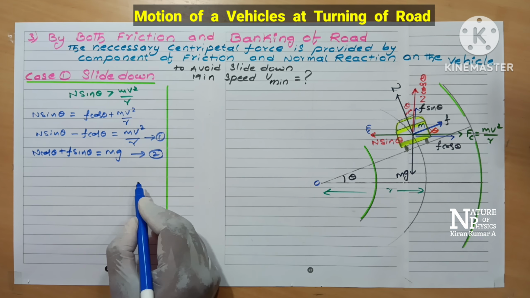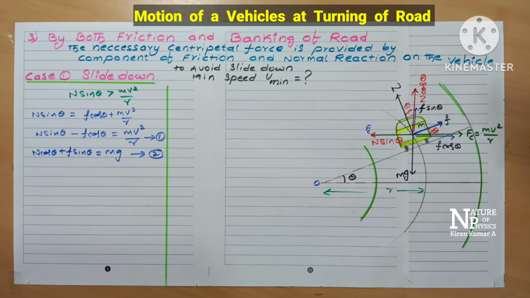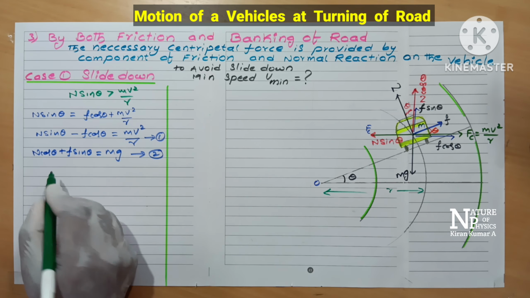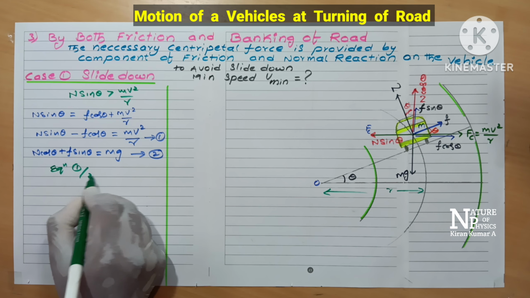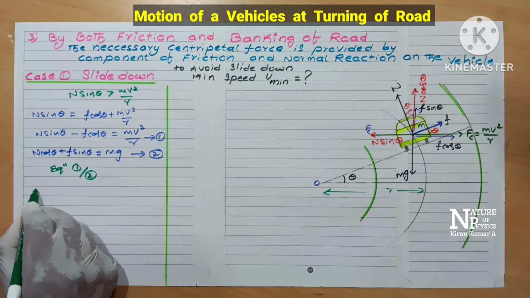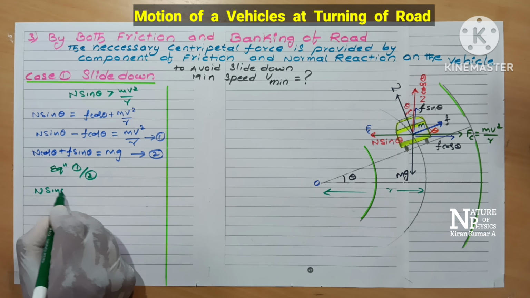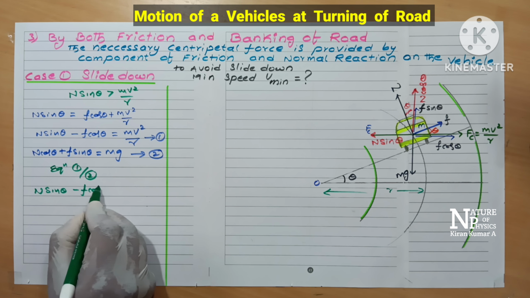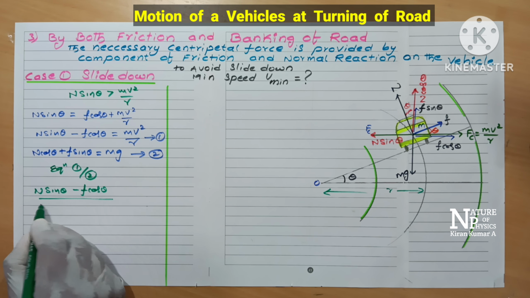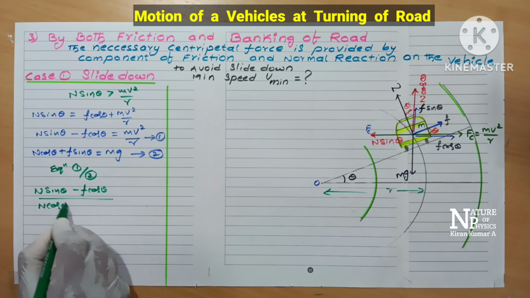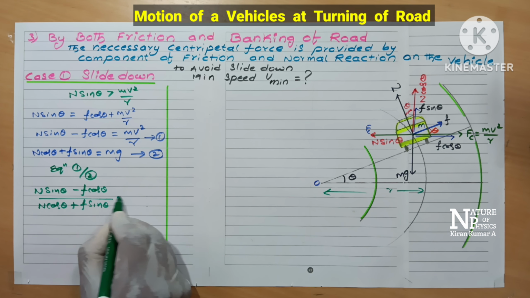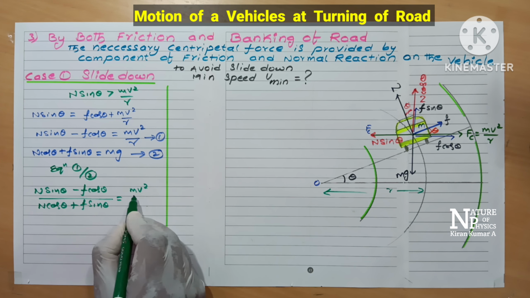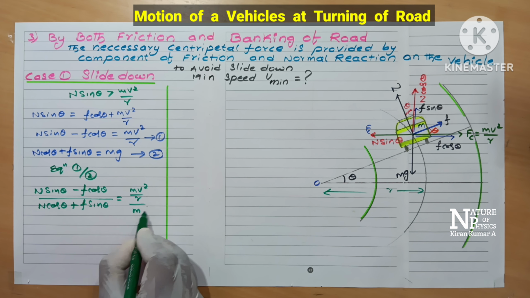Now, equation 1 divided by equation 2. So N sin theta minus F cos theta divided by N cos theta plus F sin theta is equal to m v square by r divided by m g.